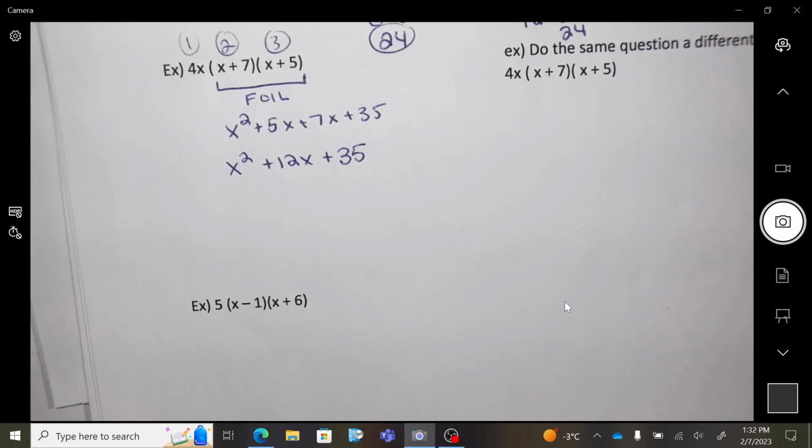Okay, how did that go? Make sure you get all your 4 parts and then 2 of them get together at the end that are like terms.